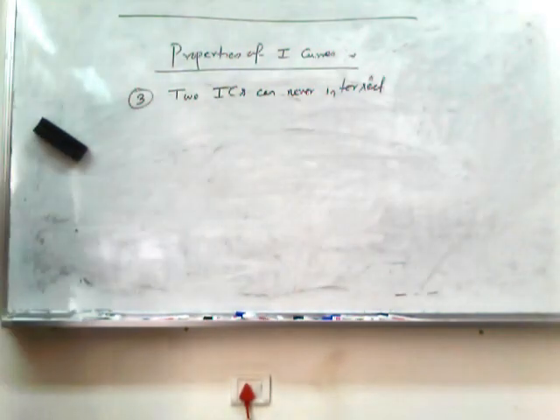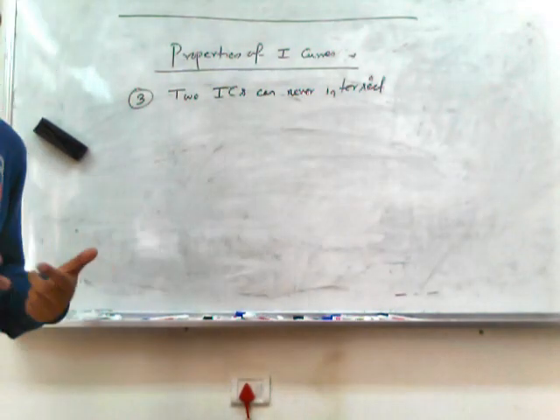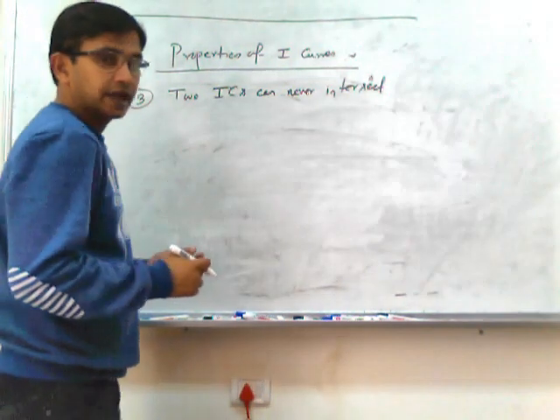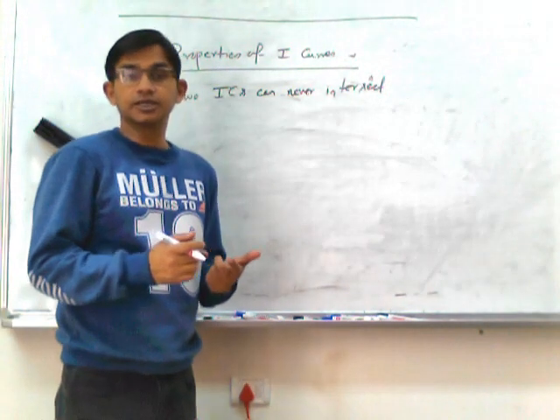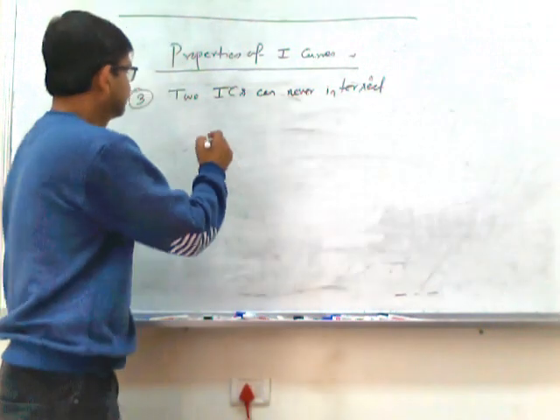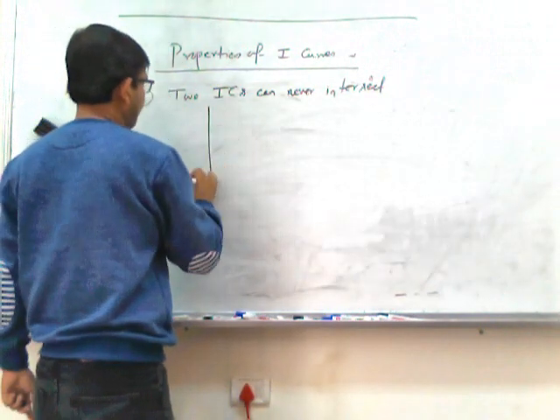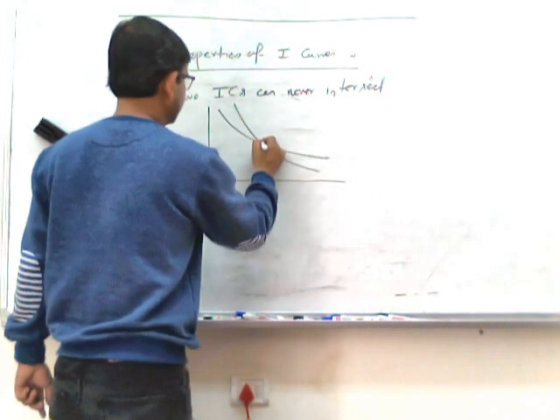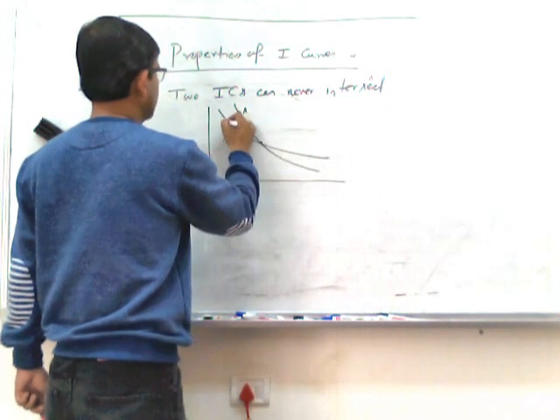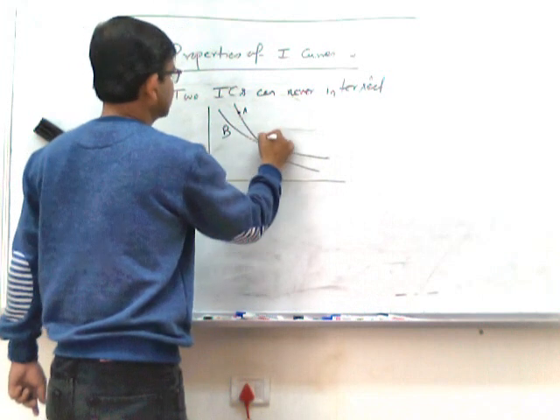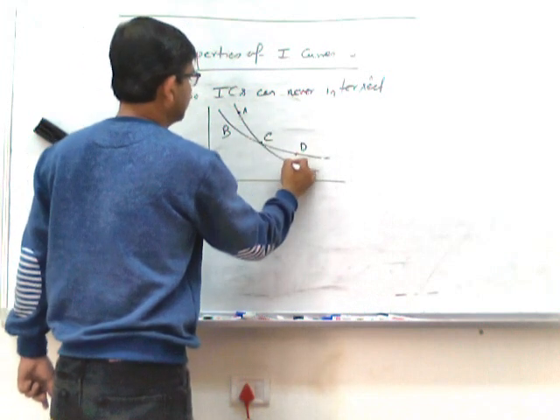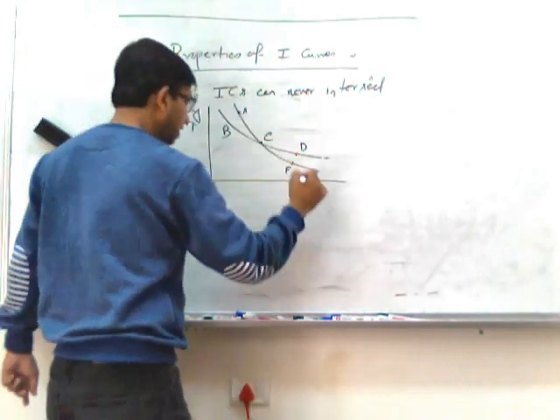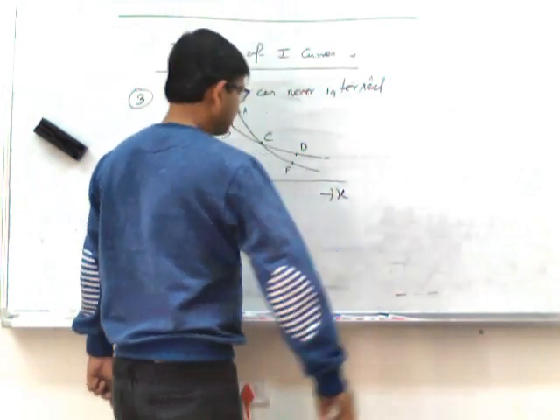So here what we can do, we will prove that if two indifference curves intersect each other, that will create serious logical error. So let's draw two indifference curves. This is A, B, C, D, F. In vertical axis we are measuring Y, in horizontal axis we are measuring X.